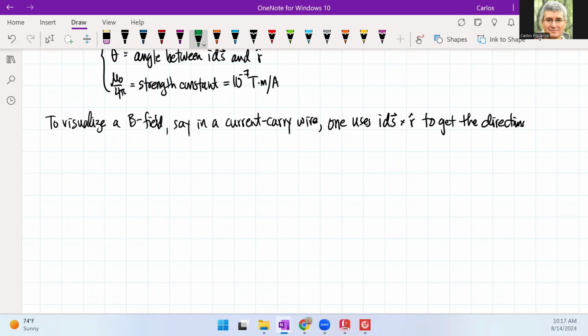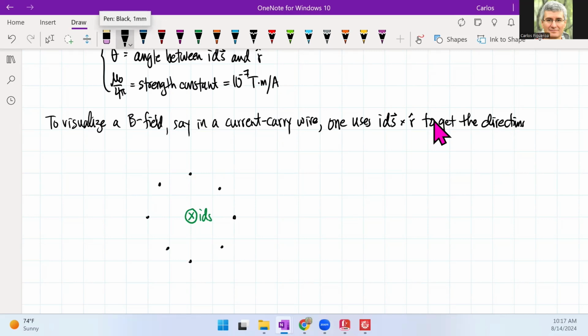So when I'm looking at this, I'm going to pick a current that's going to go into the board. And this is going to be I ds. That's the direction of the current, so it's going into the board. So now I'm going to pick points. Let's say that I pick a point here, here, here, here. But I could have also picked points here, and here, here, and here.